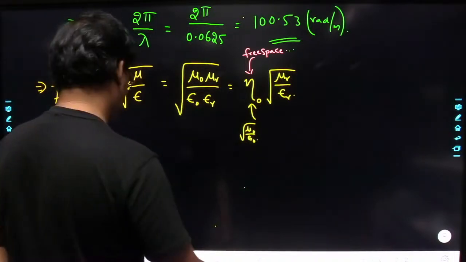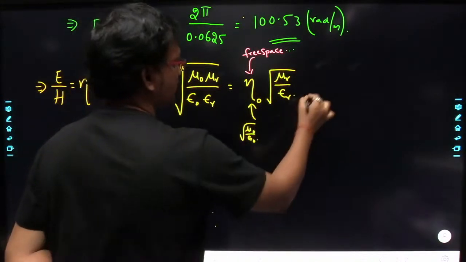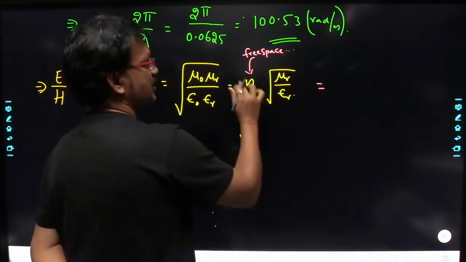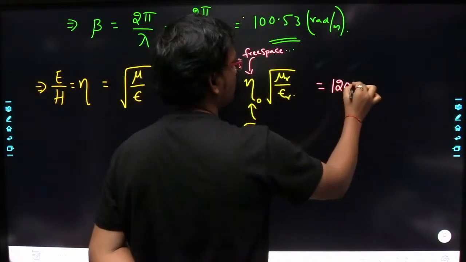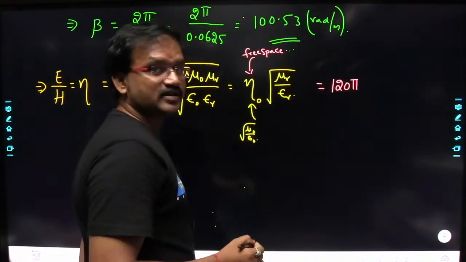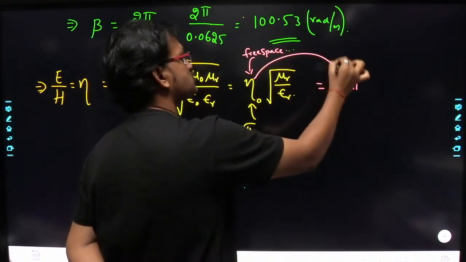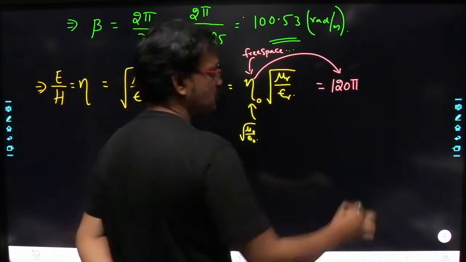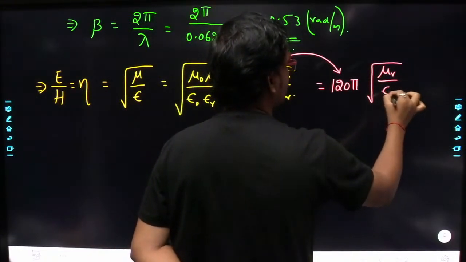What is the value of eta naught? The intrinsic impedance of free space is 120 pi ohm, approximately 377 ohm, multiplied by square root of mu r divided by epsilon r.